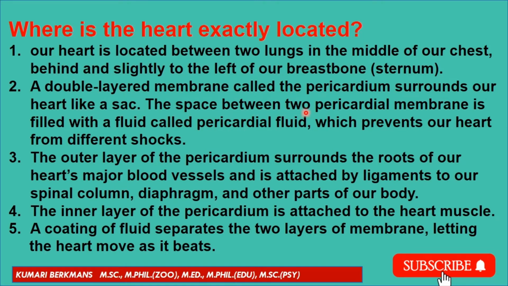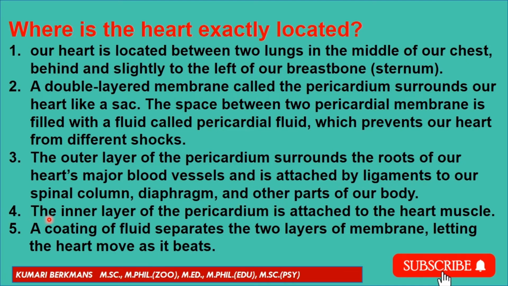The space between these two pericardial membranes is filled with a fluid called pericardial fluid, which protects our heart from different shocks. Third point, the outer layer of the pericardium surrounds the roots of our heart's major blood vessels and is attached by ligaments to our spinal column, diaphragm and other parts of our body.